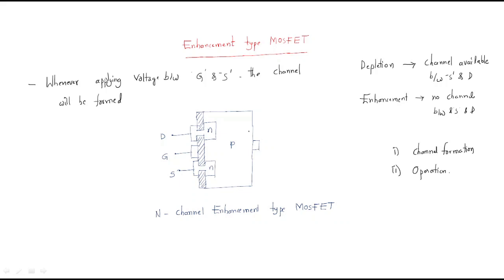Normally, the drain should be negative biased, and you know that the source and substrate are combined together.